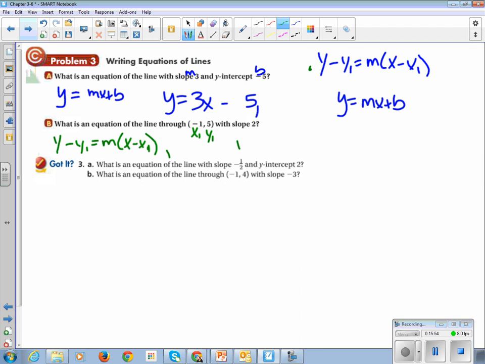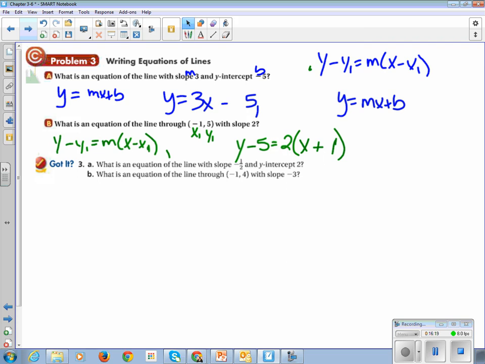So I'm going to go y minus 5 equals slope times x minus negative 1. Once again, you guys are mature enough to know minus a negative 1 is the same as plus 1. So we're going to go ahead and write the plus 1.